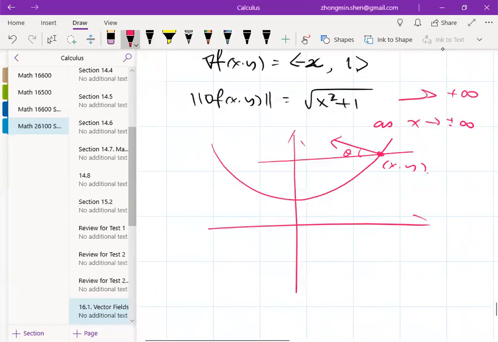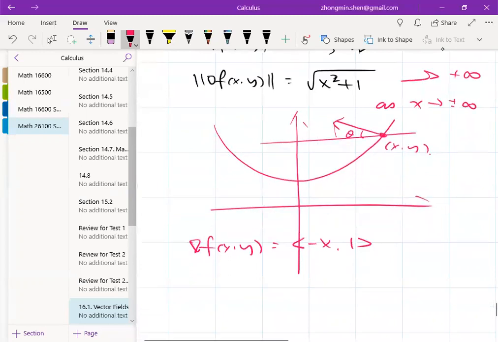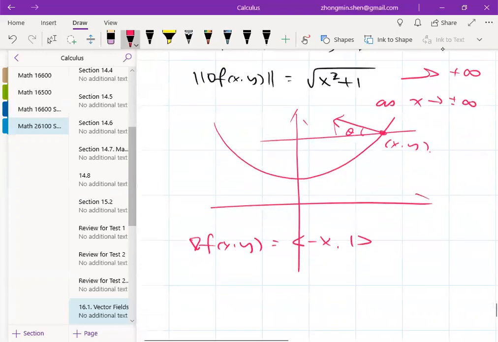So the gradient at that particular point is going to be negative x and 1. The y component is always 1, and the x component is getting large. So this vector is going to be negative i.